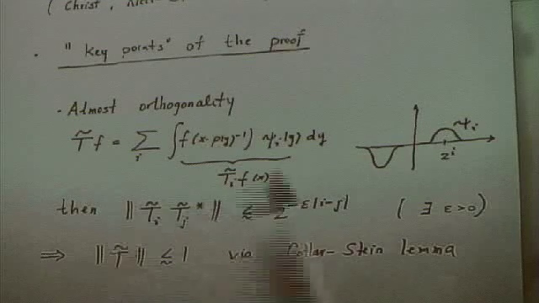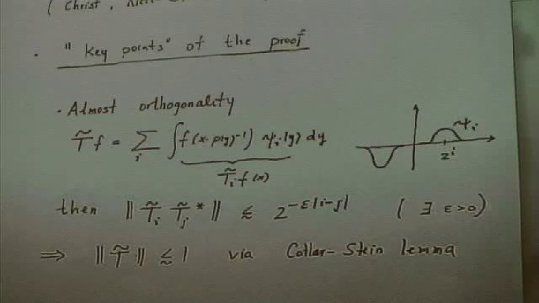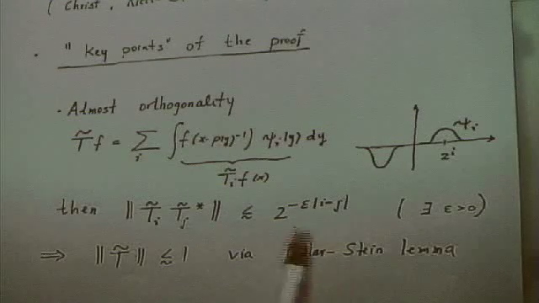So basically, if you decompose 1 over y, you decompose the operator into pieces. And these pieces satisfy an almost orthogonality condition. That is, if you take two pieces and take their product, it will have small norm from L2 to L2. In fact, it's exponentially small.